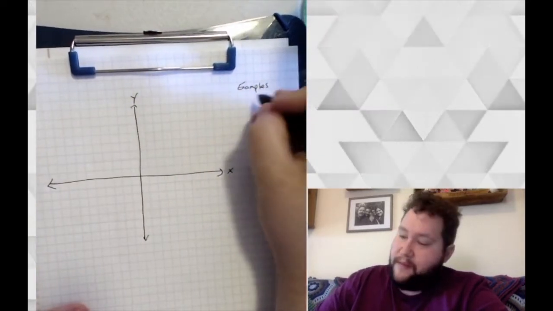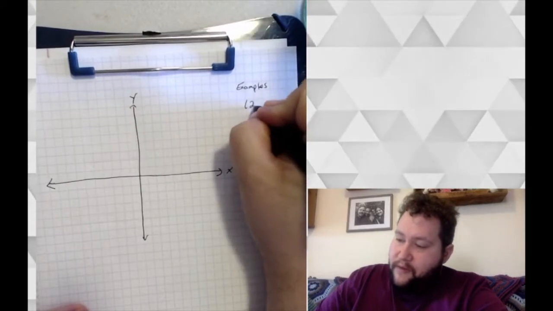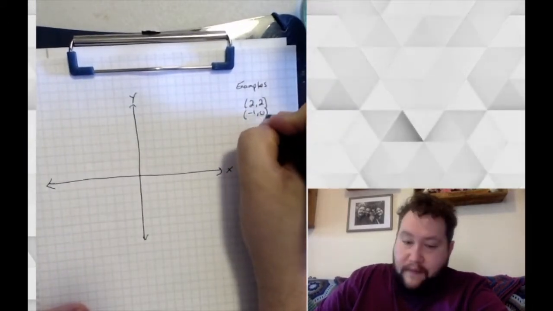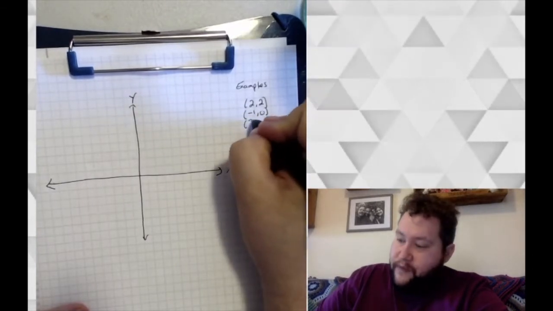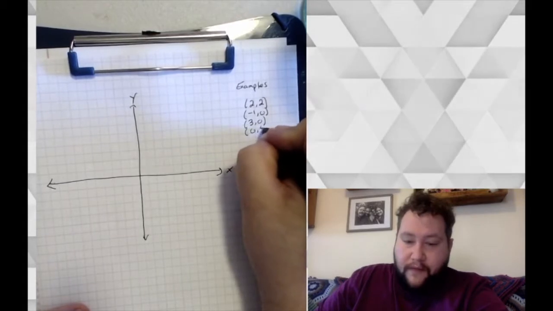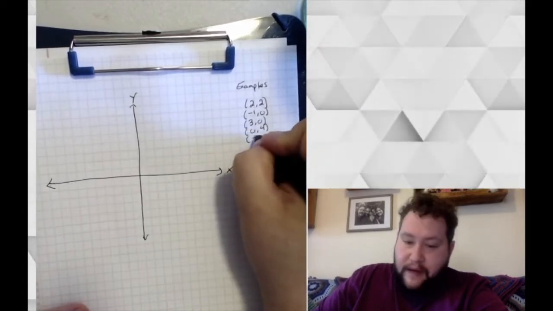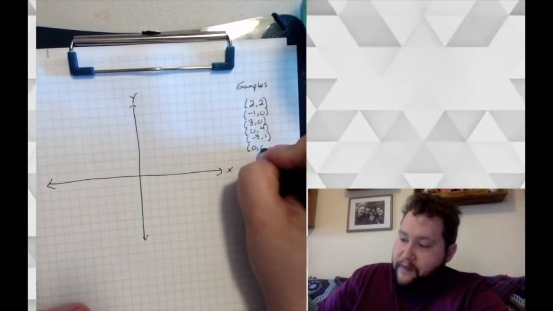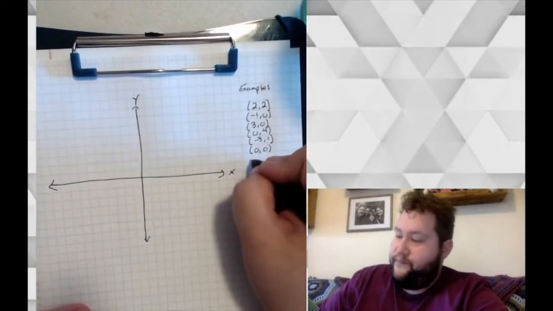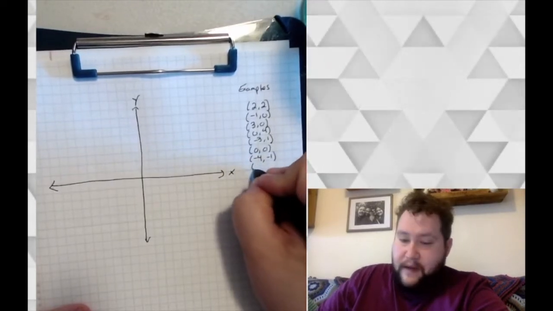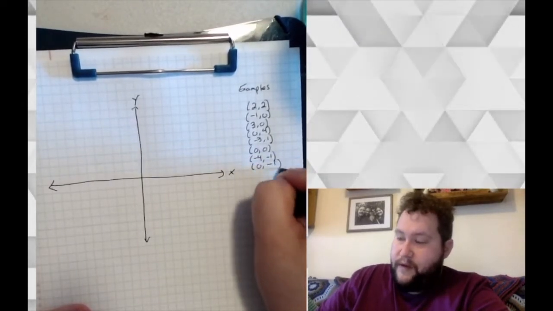I'm just going to write them all here, plotting the points 2, 2, -1, 0, 3, 0, 0, 4, -3, 1, 0, 0, -4, -1, and 0, -1.